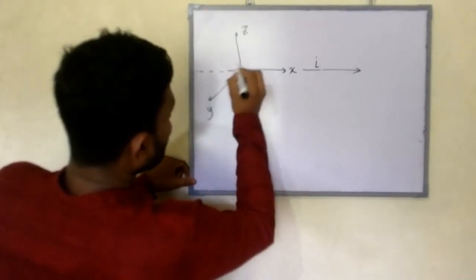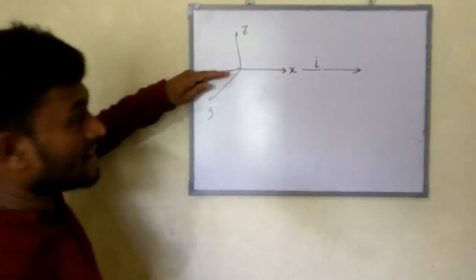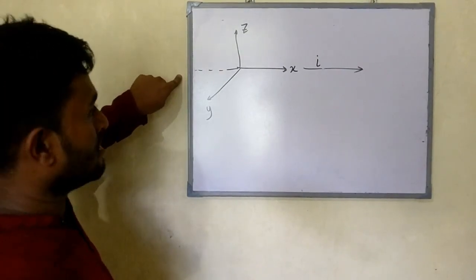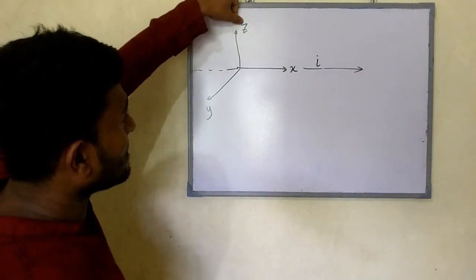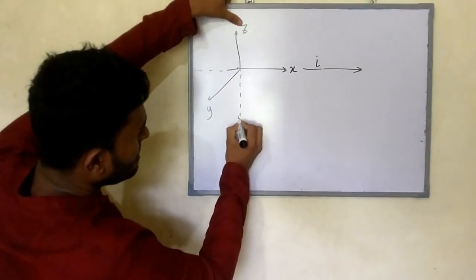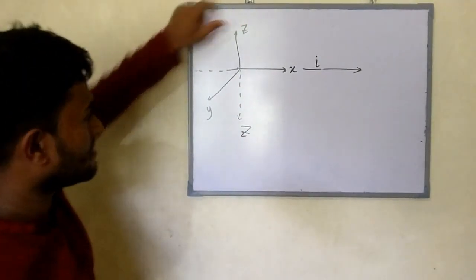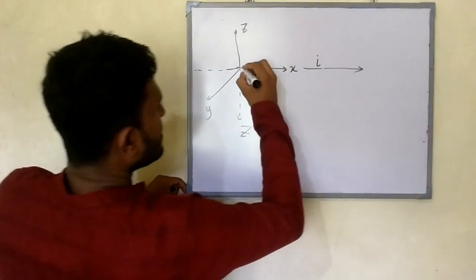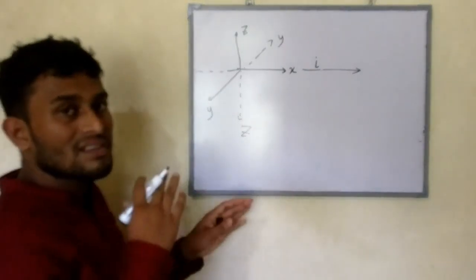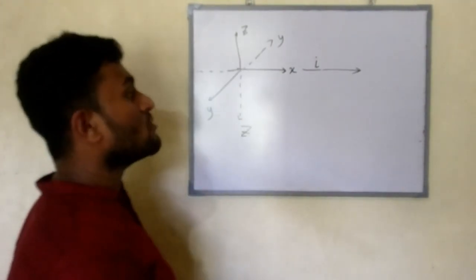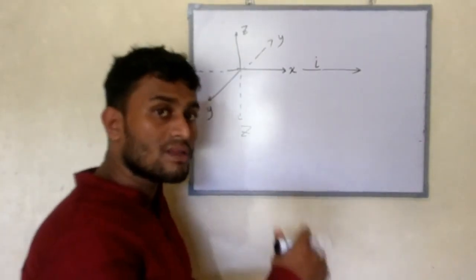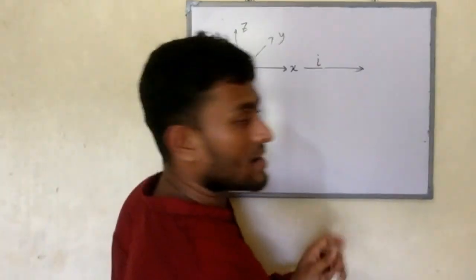So if you put a straight line here, there should be another x here, and in this z also there should be another z. In y also there should be another y. That means rotating the molecule around 180 degrees, but the whole molecule, the whole axis will be rotated.